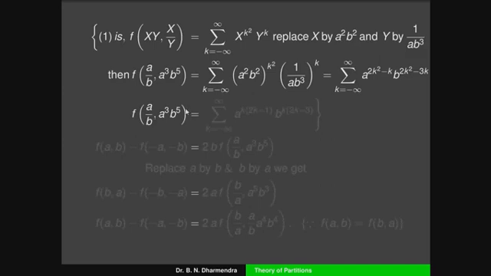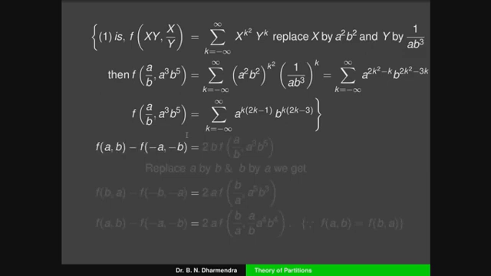Hence f of a by b comma a cube b to the power of 5 is equal to summation k running from minus infinity to plus infinity a to the power of k into (2k minus 1) into b to the power of k into (2k minus 3). So therefore this result we replace by f of a by b comma a cube b to the power of 5.